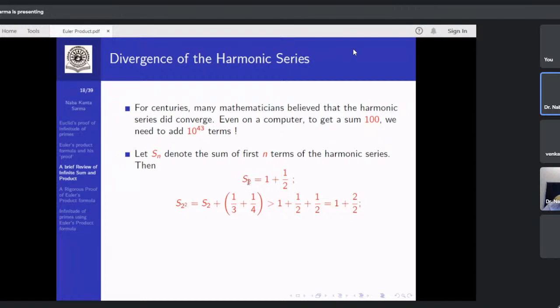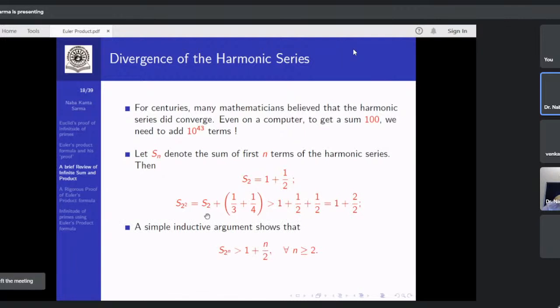The first 2 terms are already there, 1 plus half, and then the third and fourth terms, 1 by 3 plus 1 by 4, are each at least a fourth, so together this is also greater than half. So this sum is actually greater than 1 plus 1 by 2, that is, 2 by 2.